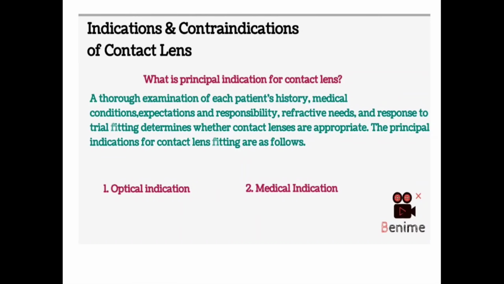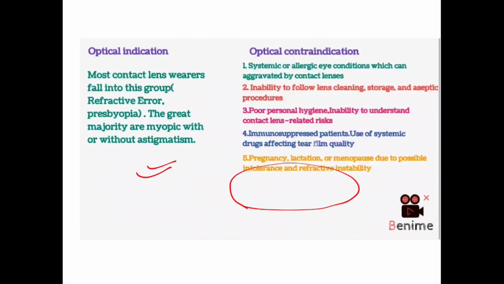So mainly there are two main indications. One is your optical indication and second is your medical indication. First we will try to understand the optical indication. In optical indication, most contact lens wearers fall into this group, that is your refractive error and presbyopia.